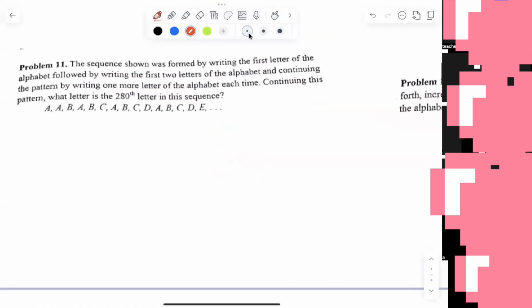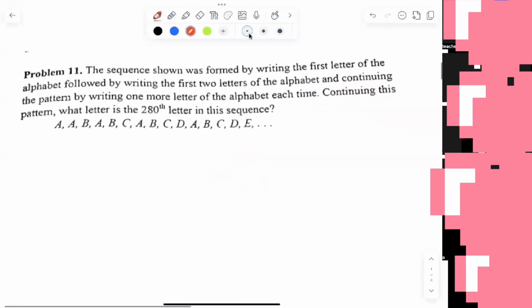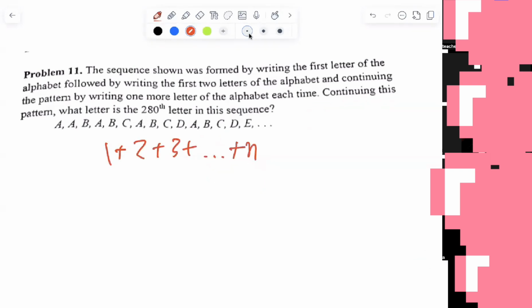Now, problem 11. This sequence shown was formed by writing the first letter of the alphabet, followed by writing the first 2 letters of the alphabet, and so on. Continuing this pattern, what letter is the 280th? Remember before, we know that the sum of the first n positive integers is equal to n times n plus 1 divided by 2.